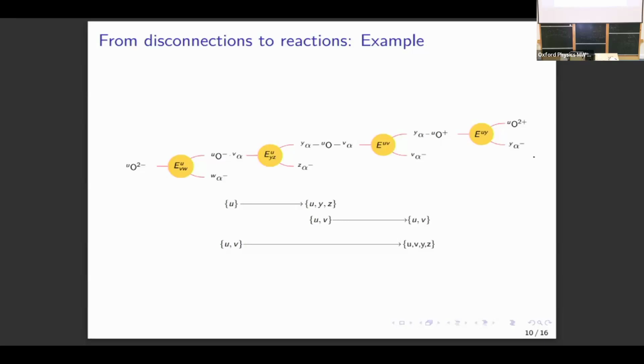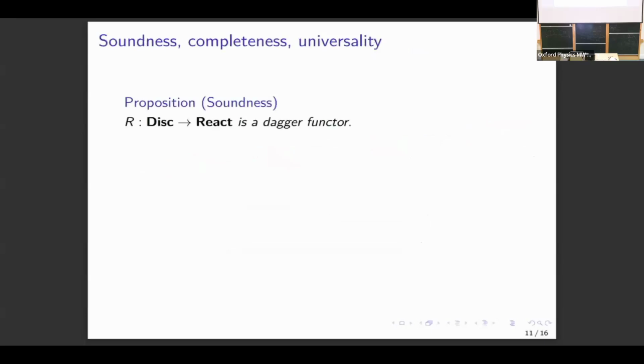And they don't appear on this side anyway, because they're precisely created by the application of this rule. Right. And then we do the same symmetrically on the other side. So we obtain this composite reaction.